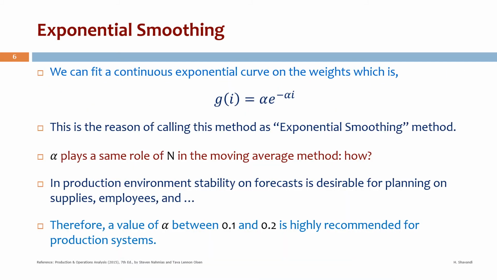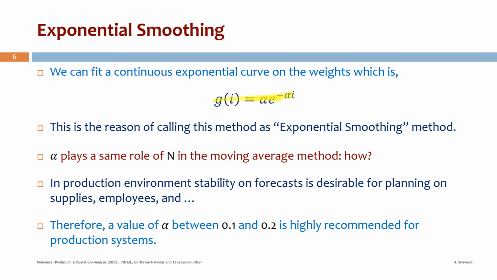The weights, alpha times 1 minus alpha to the power of i, can be approximated by a continuous exponential curve, which is this. And this is the reason why this method is called the exponential smoothing method.